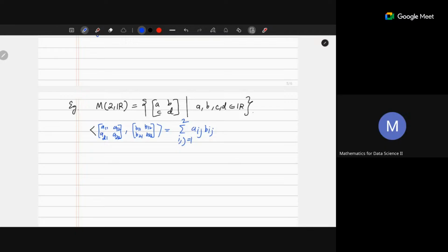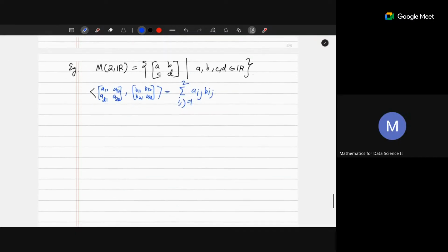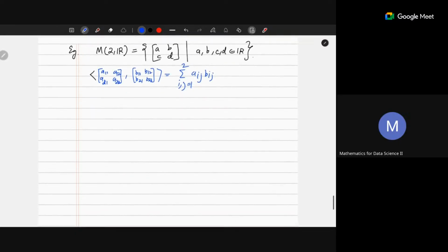Clearly this is an inner product. You can check; this is an inner product space. Now I have given the set of vectors, which is 0, 3, 0, 0, 0, 0, 4, -2, 0, 0, 5 by 2, 5.